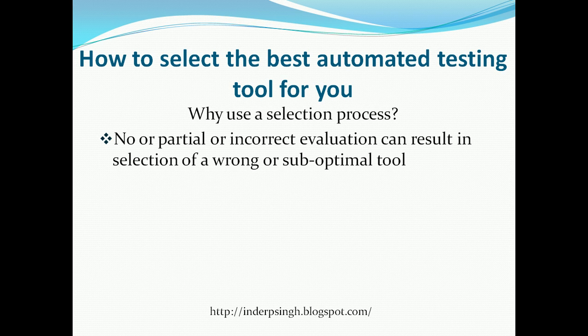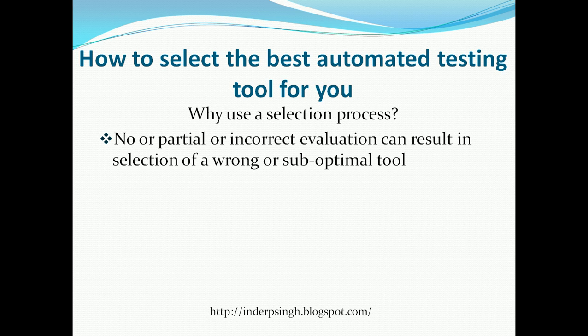Well, it can result in the selection of a wrong tool or a suboptimal tool. By a wrong tool, it means that the tool is not at all suited to your particular requirements. And by a suboptimal tool, I mean that the tool is not able to fulfill each and every one of your requirements, or it is able to fulfill the requirements but not fully.